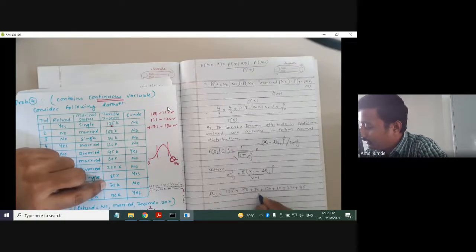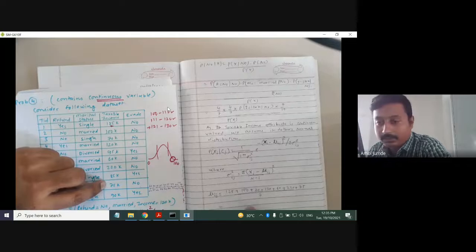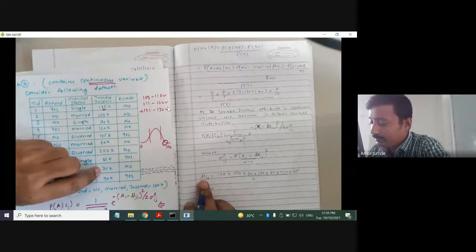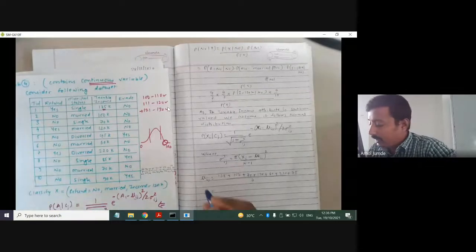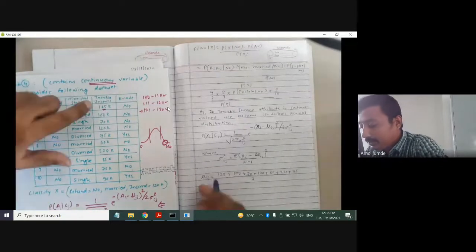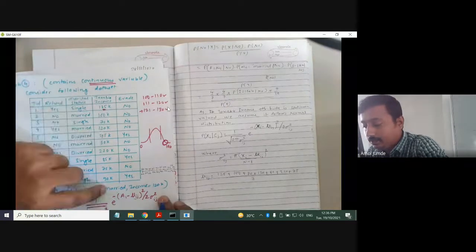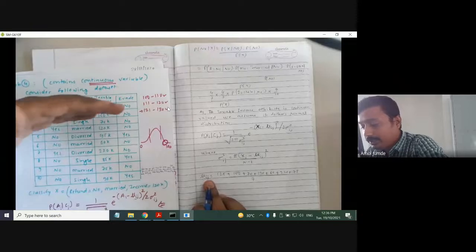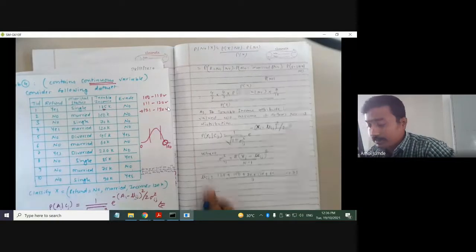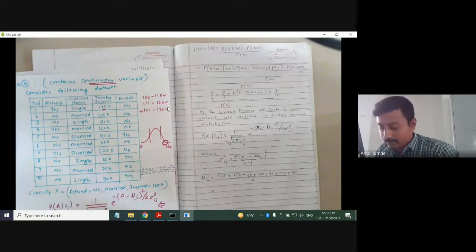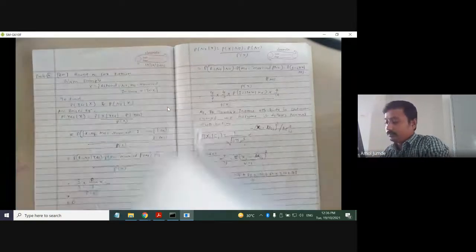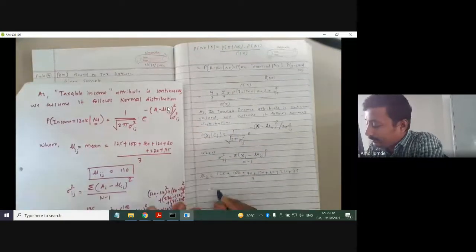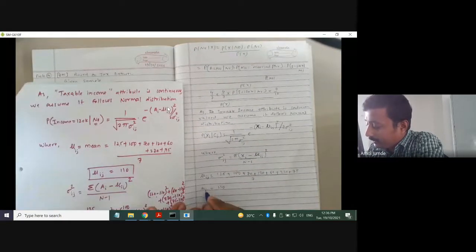Total 7 samples, so divide by 7. This is the mean. Here i refers to the ith column and j refers to the jth class. The result is 110, so mu ij is 110.